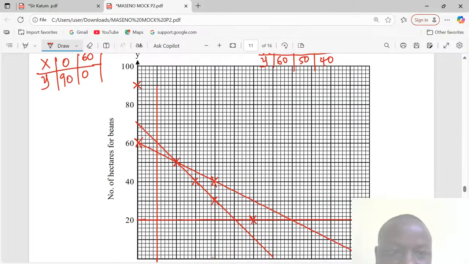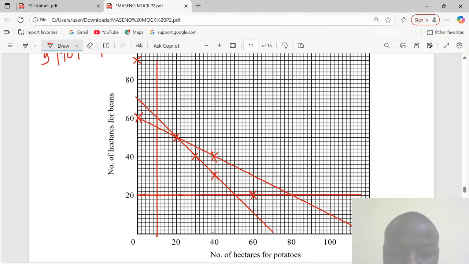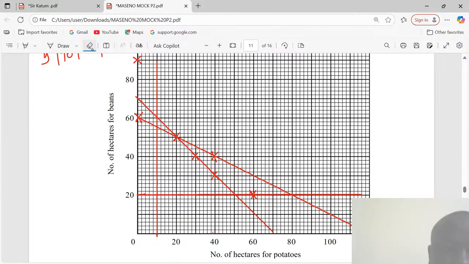Yeah, (60, 0). I'm not plotting it at the right point. (60, 0) should be here. Now let me repeat the line here, which was y equals 20, that way.